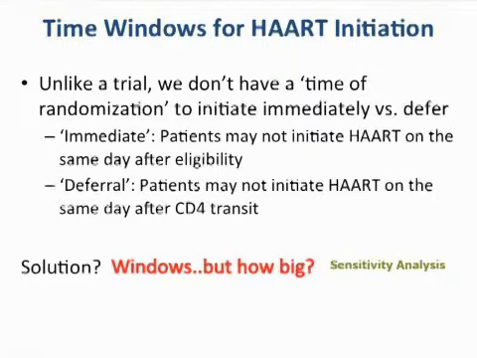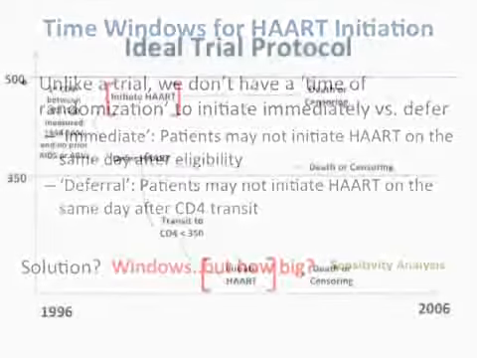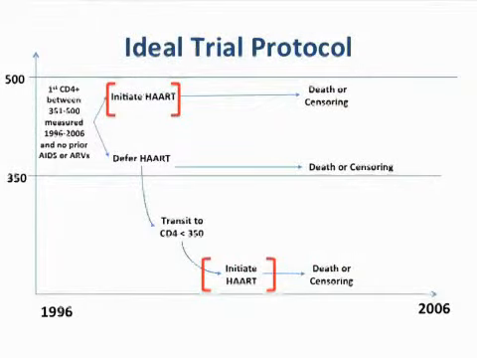There are aspects of even nowadays with people getting on therapy, getting ensured that their insurance is set up, getting plugged into the networks, etc. So we had to define windows of time that would say, all right, if you initiate within this window of time, we're considering you as an immediate group.